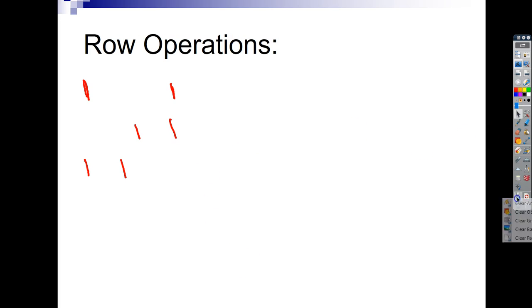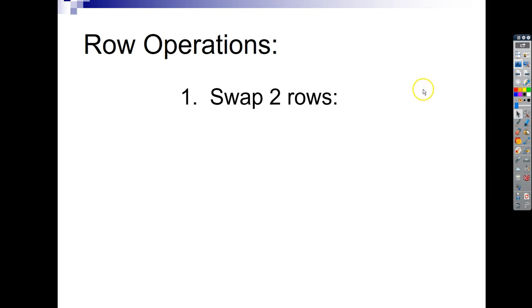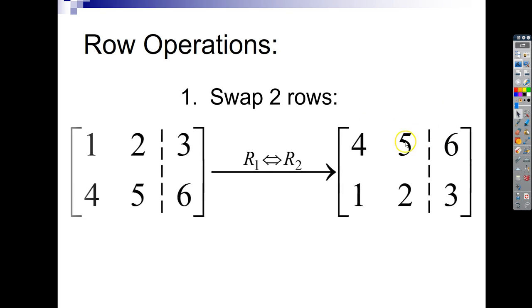Row operations, which is the next thing on your sheet, show us what we can do to this matrix so that we can find the solution to the system that we saw. So one thing that you can do is swap rows.